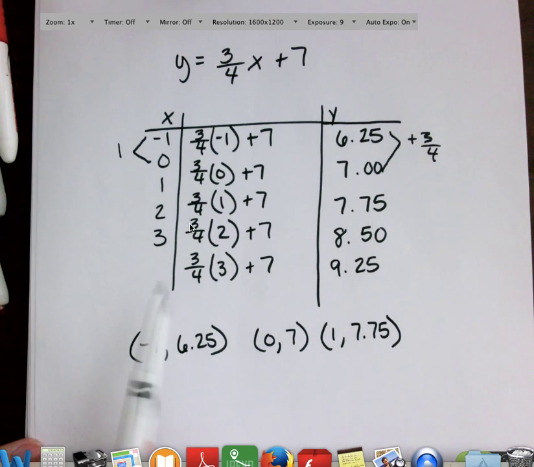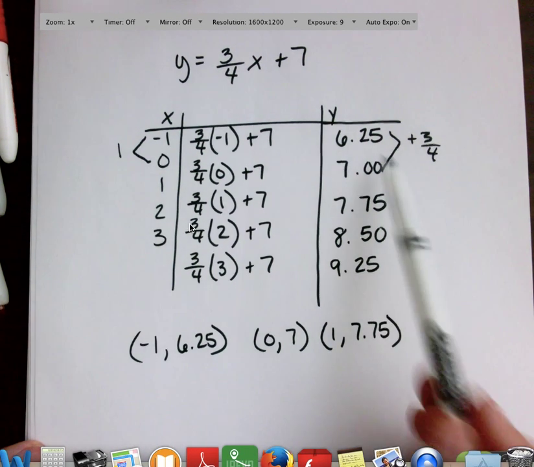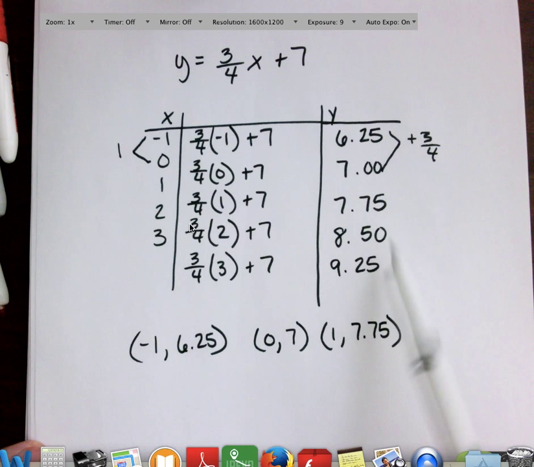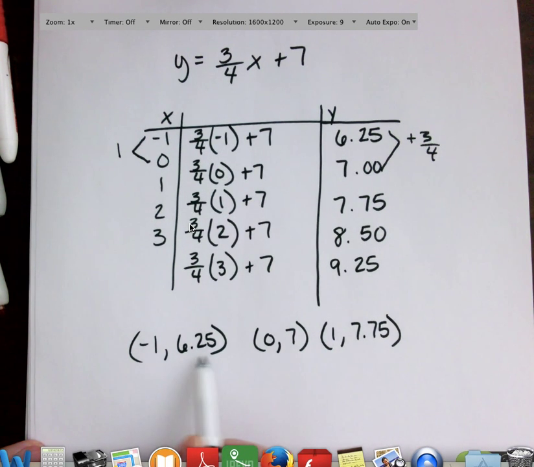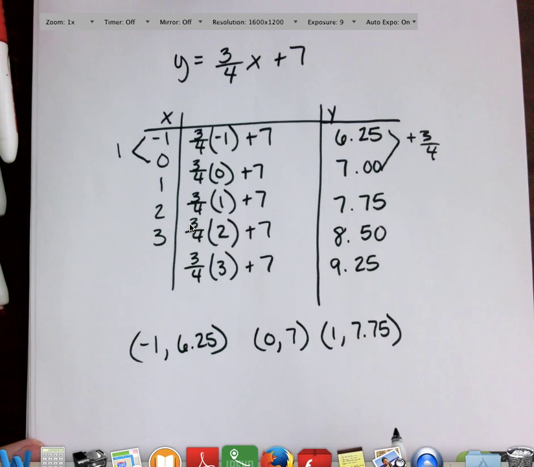This is where the algebra is really handy because we're not always crossing at a nice, even point on the graph. So if I was to graph these, I would be estimating where that 0.25 is of the 6 and where that 0.75 is. Okay?